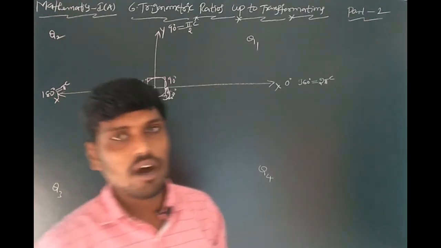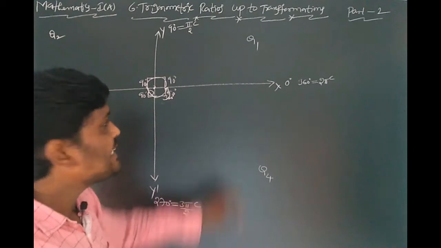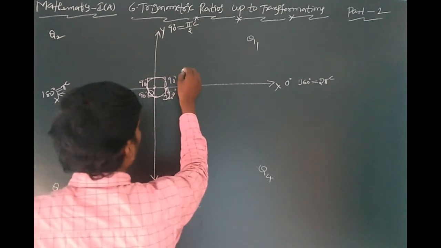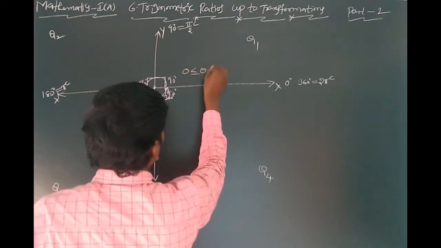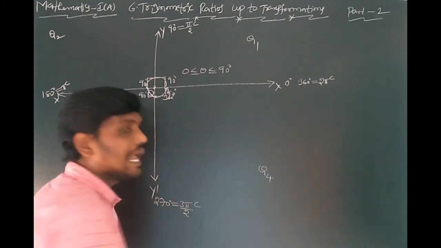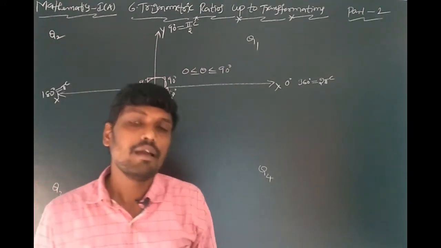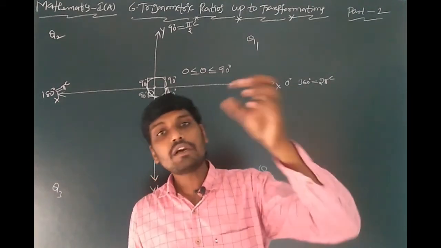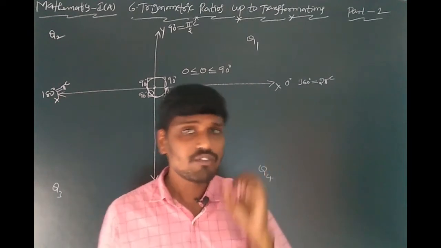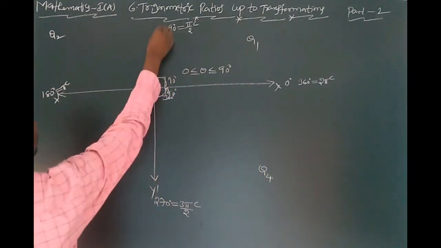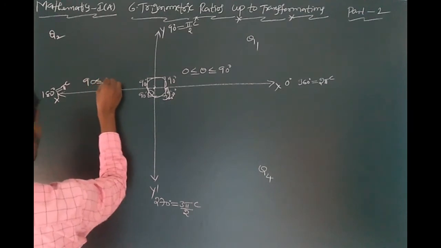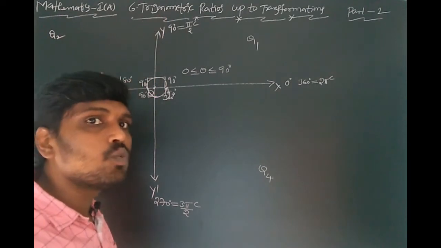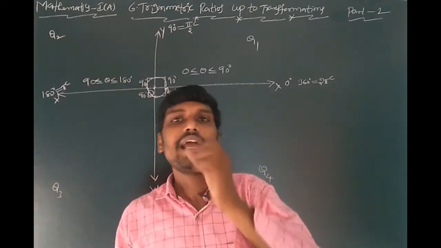Quadrant angles. In the first quadrant, theta lies between 0 and 90: 0 is less than or equal to theta, which is less than or equal to 90 degrees. The first quadrant angle lies between 0 and 90, inclusive. In the second quadrant, the angle lies between 90 and 180, including 90 and 180.